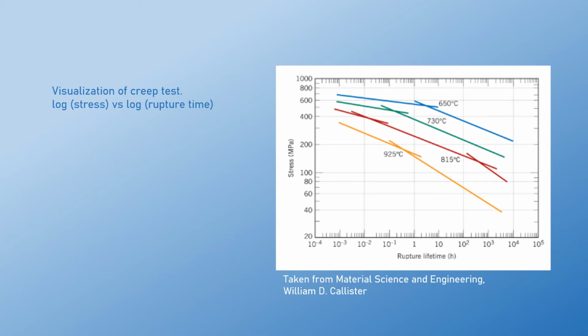So basically the y represents the stress and the x represents the rupture time, and what is meant by rupture time is the time needed from the very beginning when the experiment just starts to be conducted until it really ruptures.